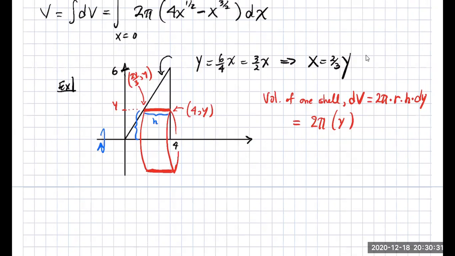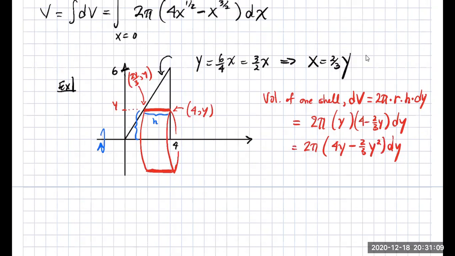You're going to be finding the difference of the x coordinates. In this case, 4 minus 2/3 y. Okay, and I'm going to distribute the y through. And that will represent the volume of just that one shell.